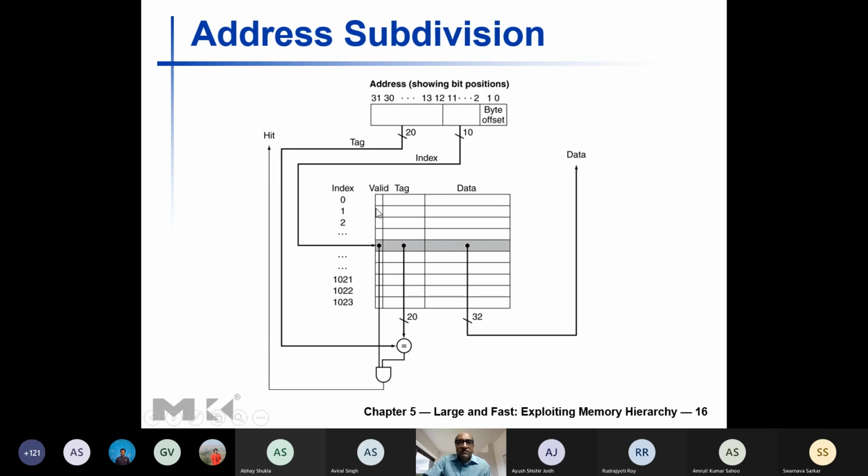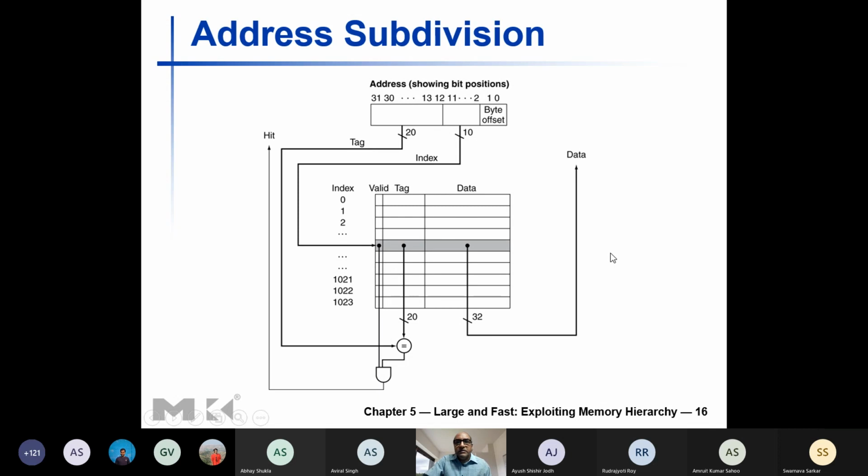For checking that, we use this control information. The actual data is this part, so this is the 4 kilobytes of data, and here the block consists of only one word, which is the scenario for this particular cache organization.